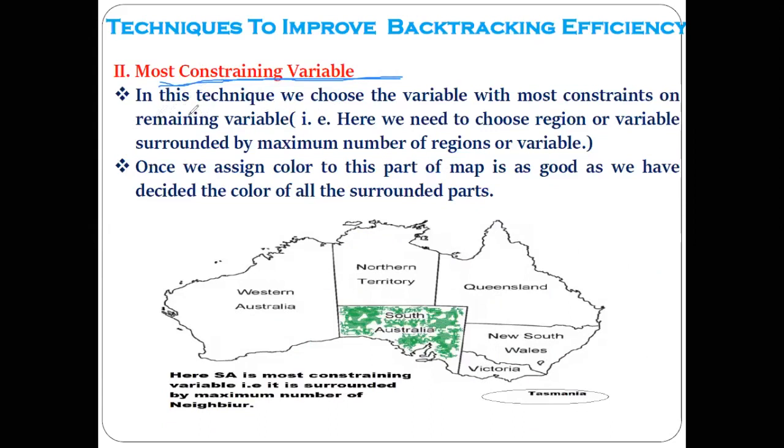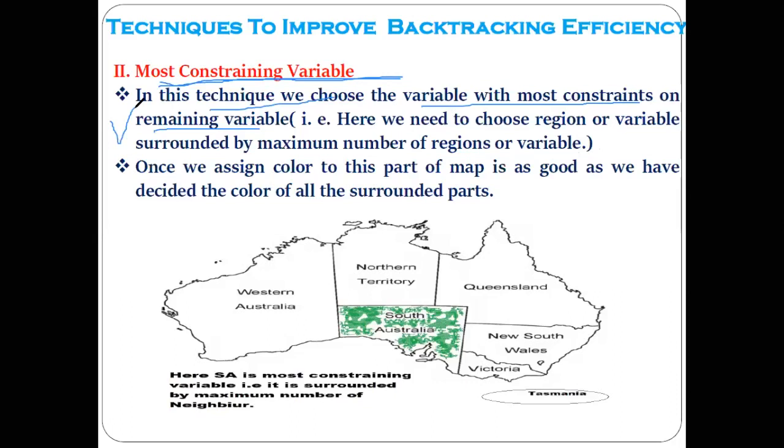Now this is simpler, most constraining variable. In this technique, we choose the variable with the most constraints on the remaining variables. Which variable will we select? The one having the most constraint on the remaining variables. Most constraint on the remaining variables means what?